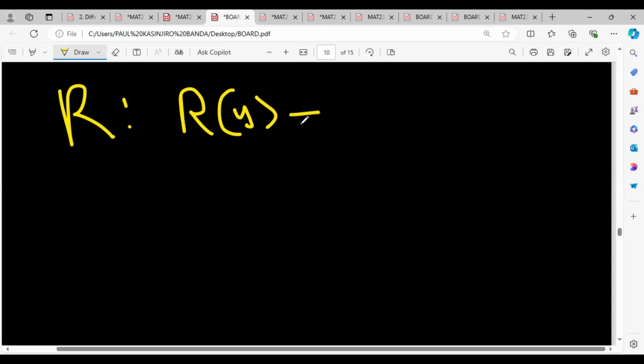Okay, so I have my relation R, which has this formula. So I would say R of Y is equal to, what was that formula that we are given there for the R? Let's check.